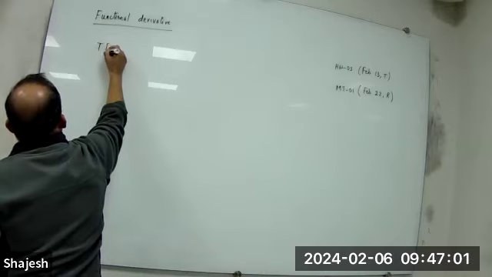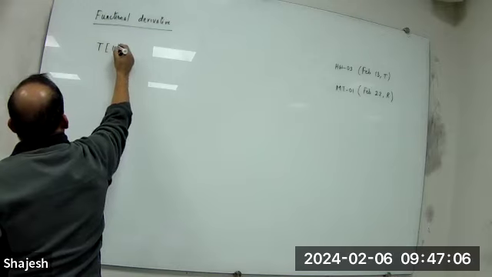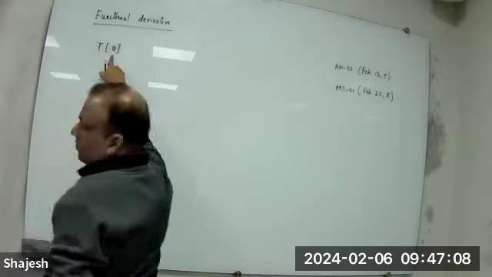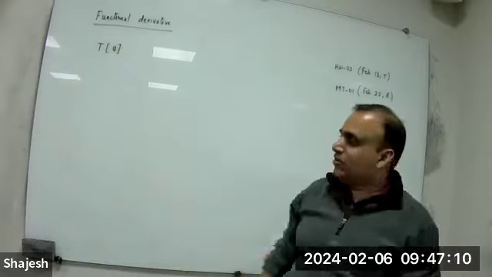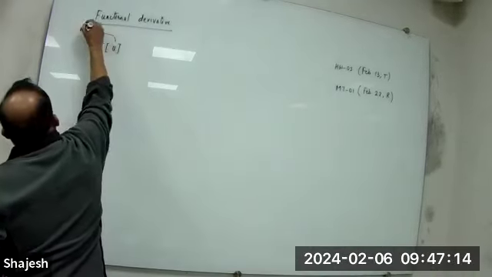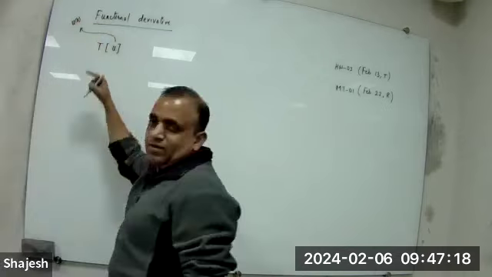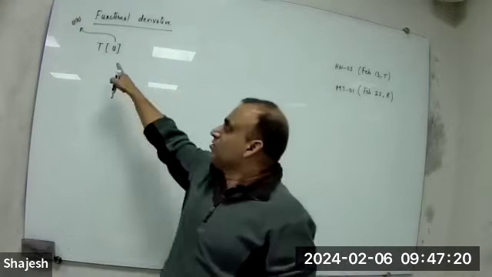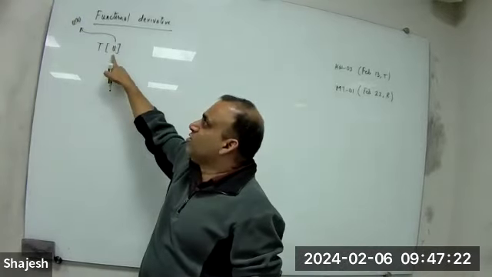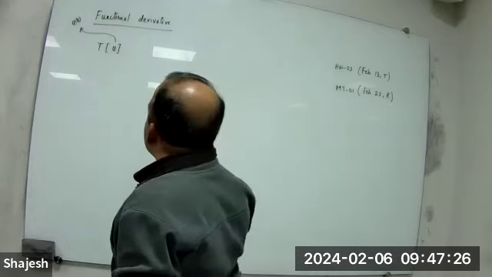It depends on a function, let's say, we have been calling it u. It's a function u of x, for example. So this should be understood as a functional. The square brackets mean it's a functional, which means it could be any function. You think of any arbitrary function here.